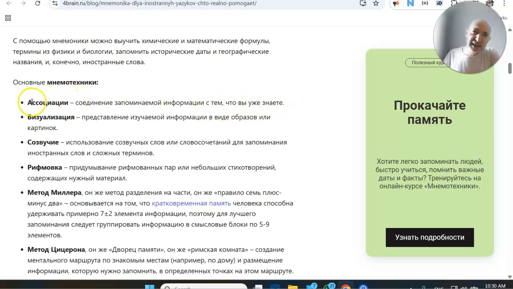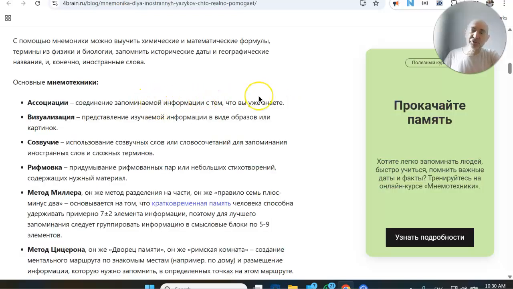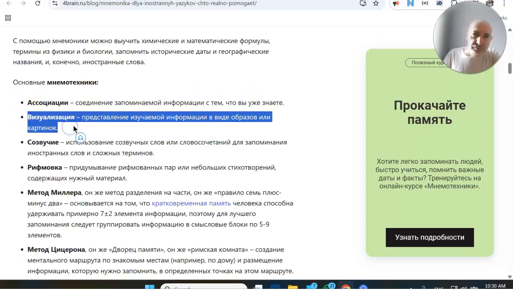So, ассоциации. Соединение запоминаемой информации с тем, что вы уже знаете. So, associations. The connection of the information that needs to be remembered with what you already know. So с тем, что means with what. С тем, что. With what you already know. Визуализация.